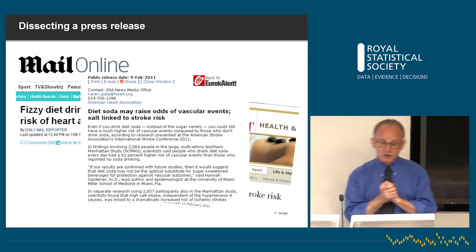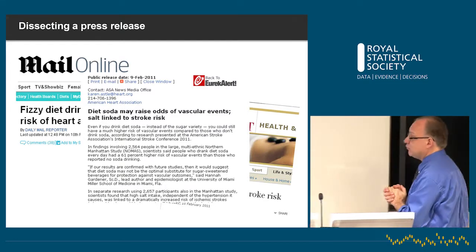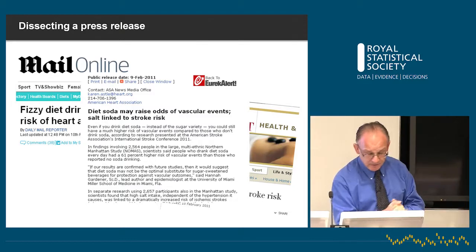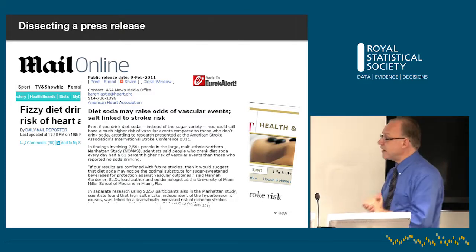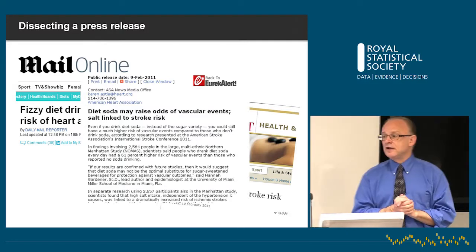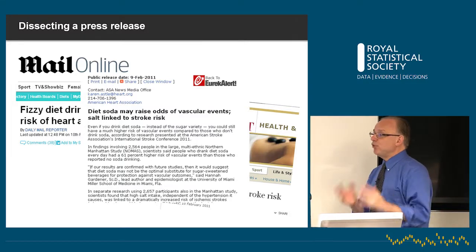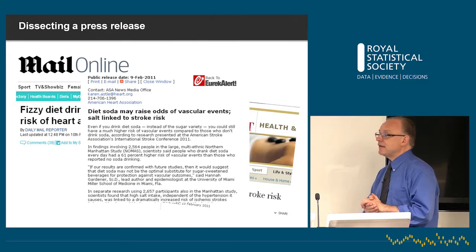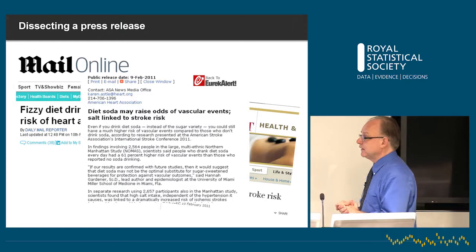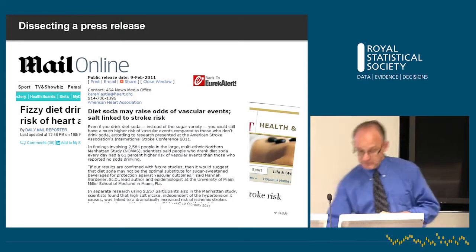Now, I want you to go through that press release, spend maybe 5 or so minutes, and put rings round things that you think are important in terms of the level of compelling evidence for the headline that is being made.